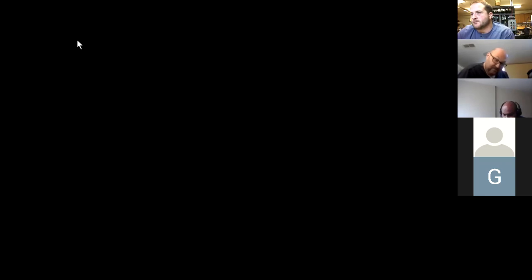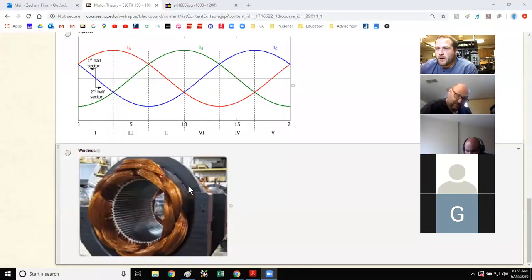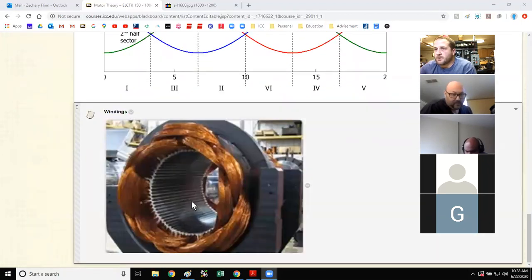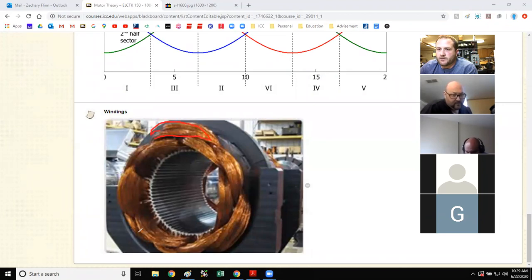So if you got inside of a motor, you take the end bell off of a motor and you see this. It looks confusing, right? It just looks like a bunch of copper. But Y or delta configuration means that if you took this thing completely apart, unwound all that copper, you might have this winding connected to that winding.